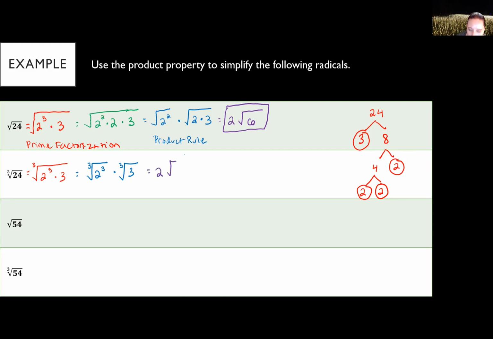And then I have this cubed root of 3 that I can't simplify because there's no exponent on the inside, so it's smaller than the outside, so that doesn't simplify any further. So the final answer for this one is 2 times the cubed root of 3. Having that cubed root allowed us to basically simplify an extra 2 out of there.